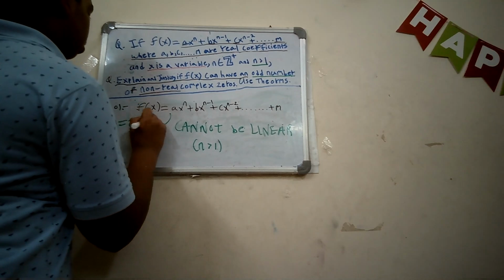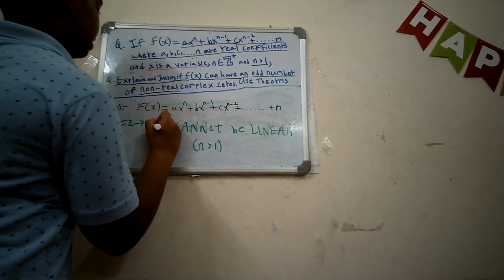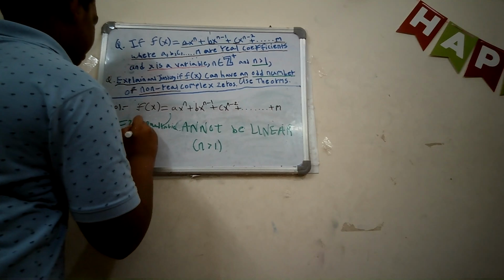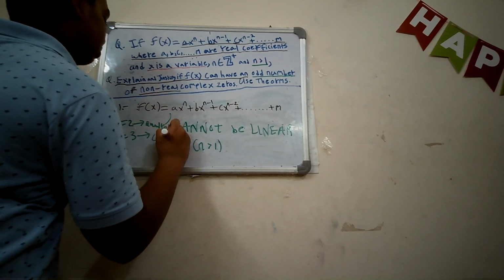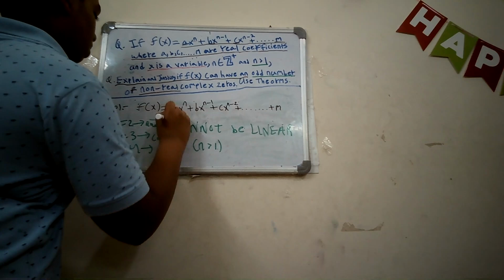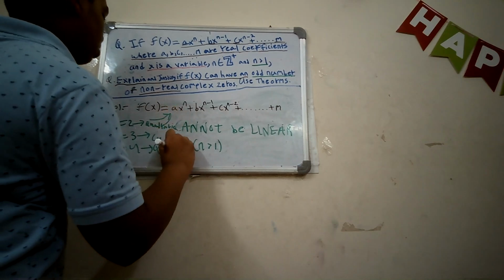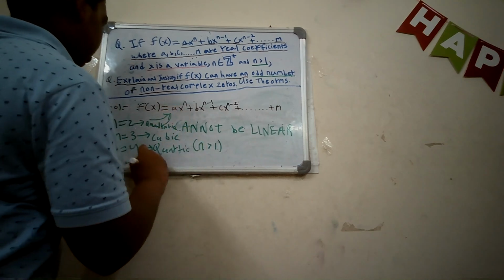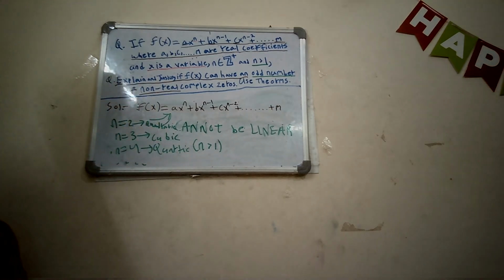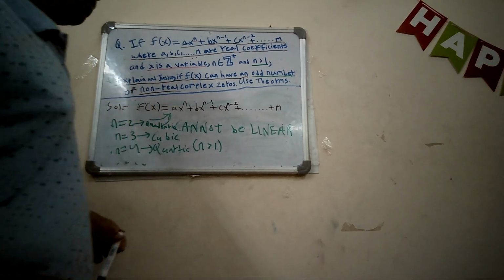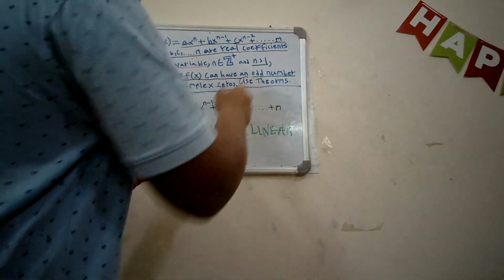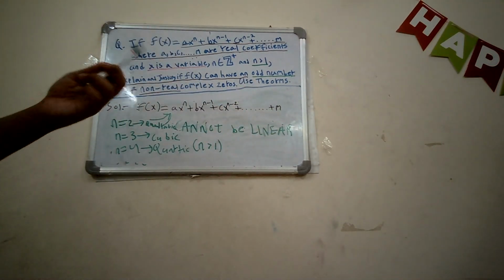If n equals 2, it's quadratic. If n is equal to 3, cubic. N is equal to 4, this will be quartic, and so on. Like, you can plug it in. It'd be x cubed plus bx squared plus cx plus d, and so on.